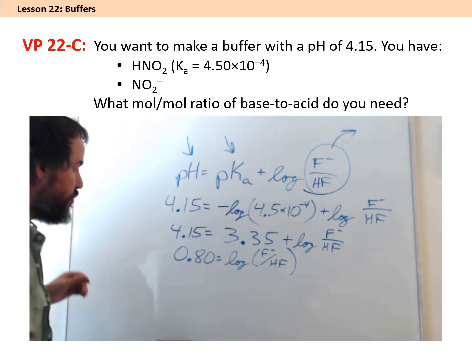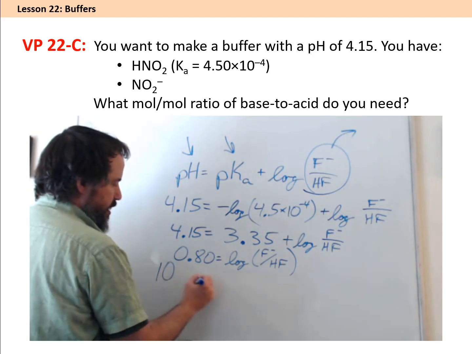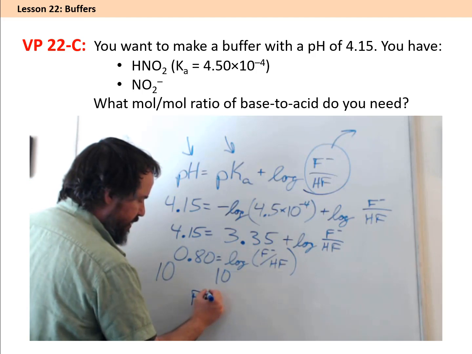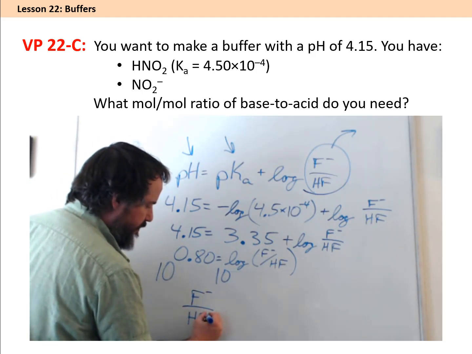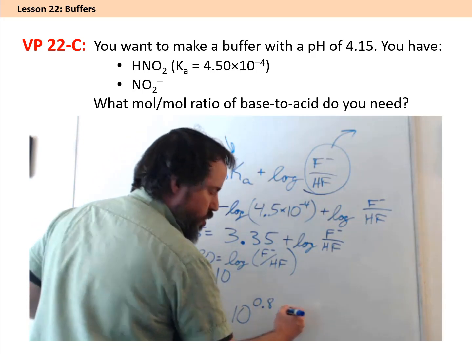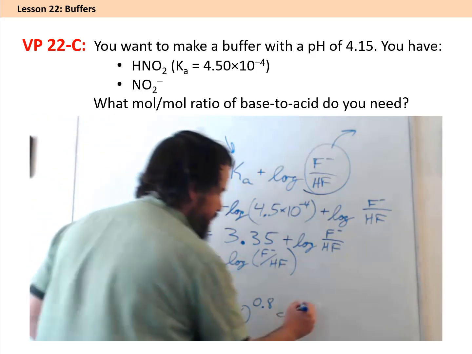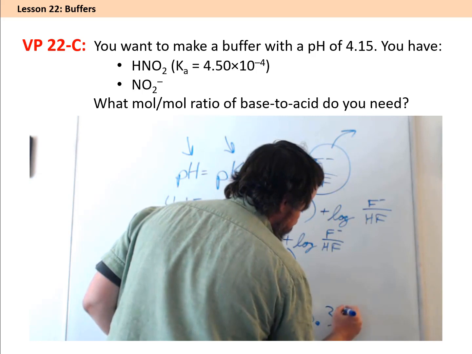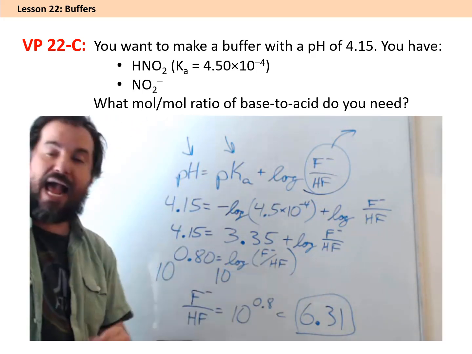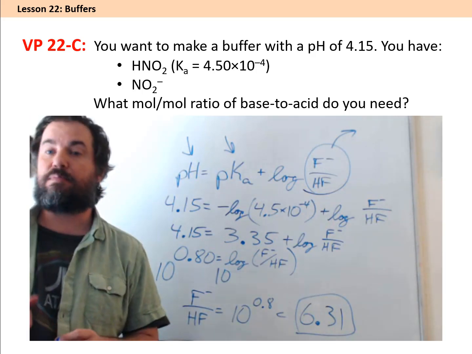So what we have to do is take 10 to the both sides. So that means that F minus over HF is going to give me 10 to the 0.8, which is equal to 6.31. That's the ratio of my base to acid I would want to make this buffer.